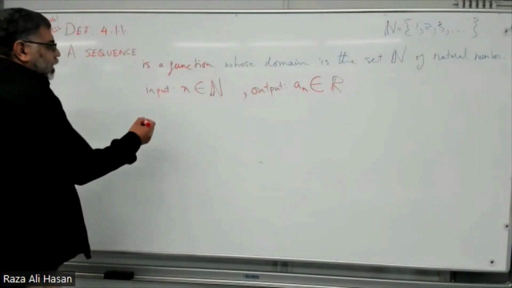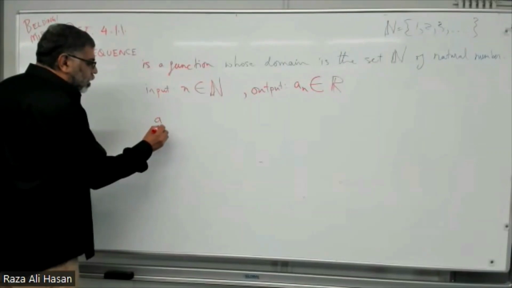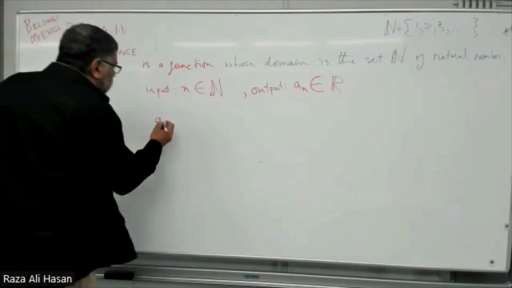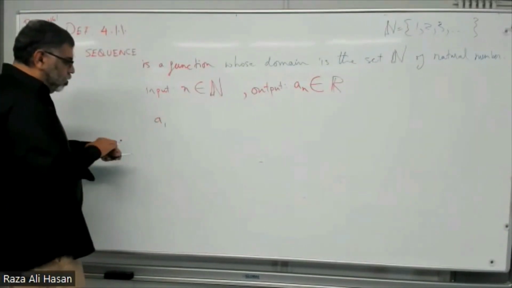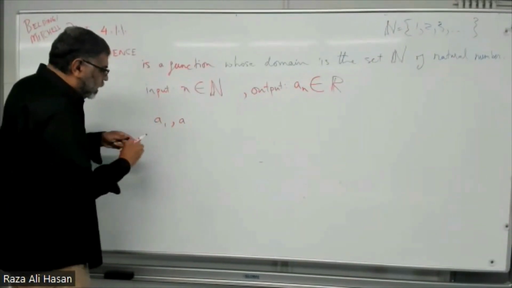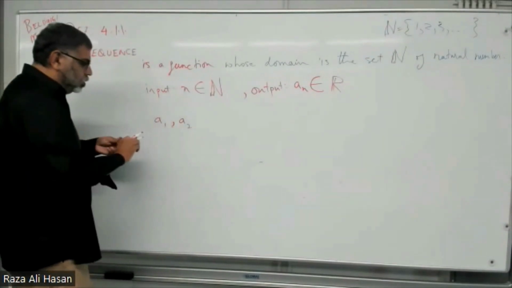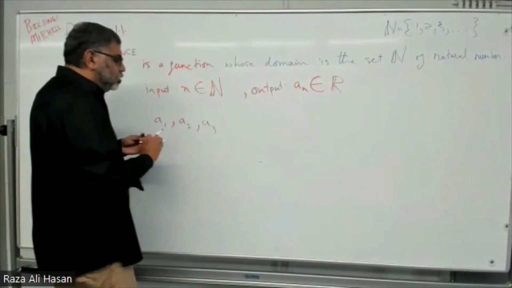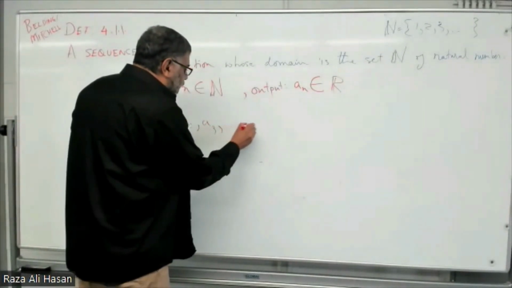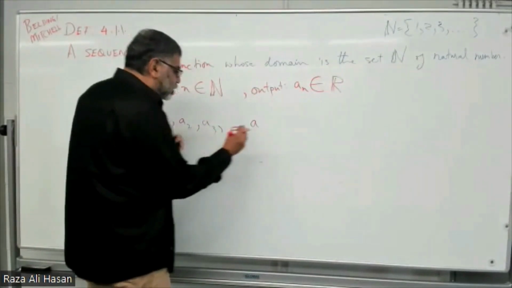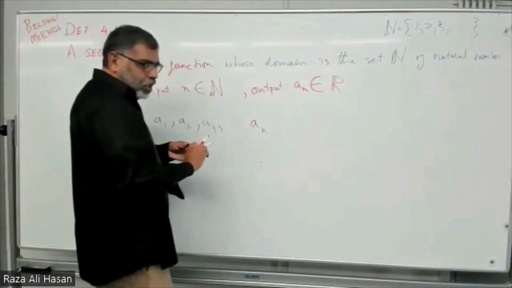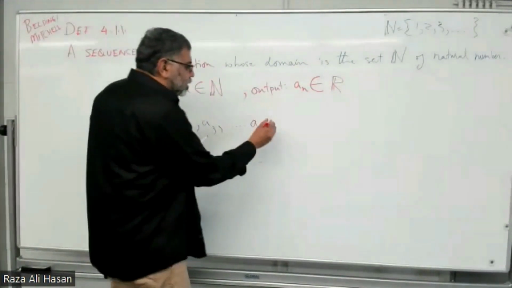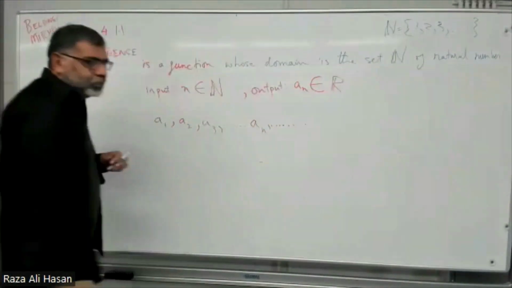Let's write one out, in blue. So this is a_1, a_2, a_3, and dot, dot, dot.